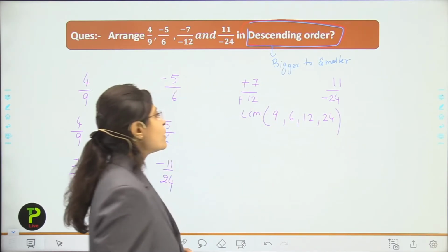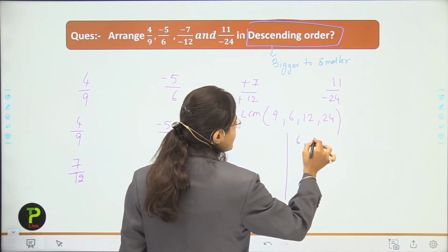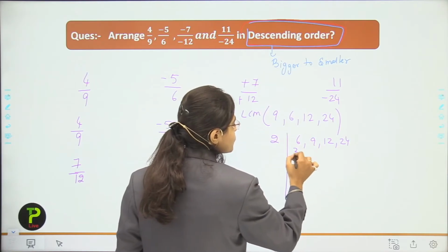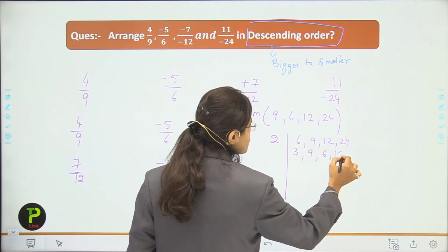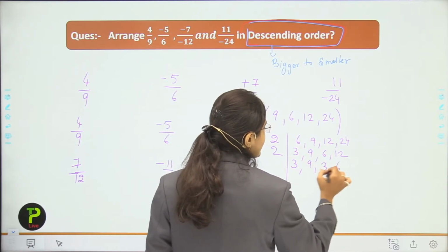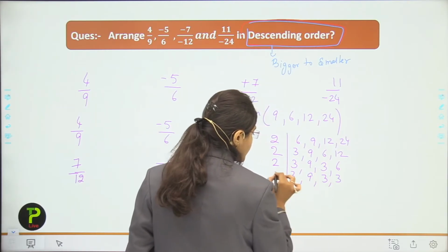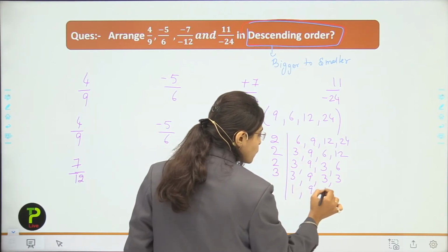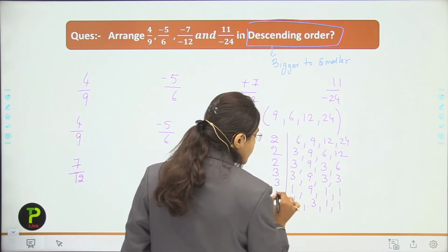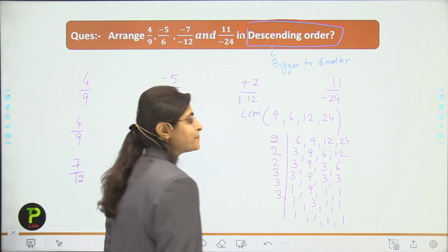It comes in a table of 2, then 2 again, then 2 again, then 3, then 3, and then 1, 1, 1, 1.